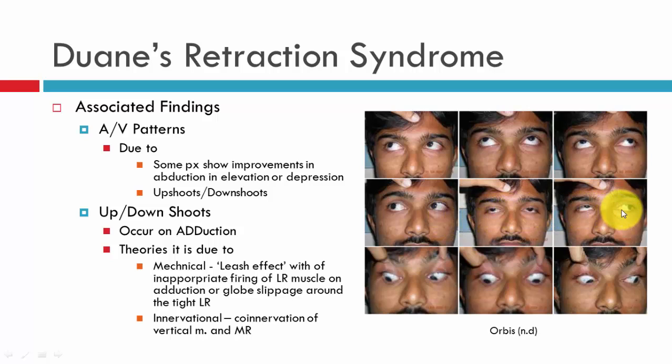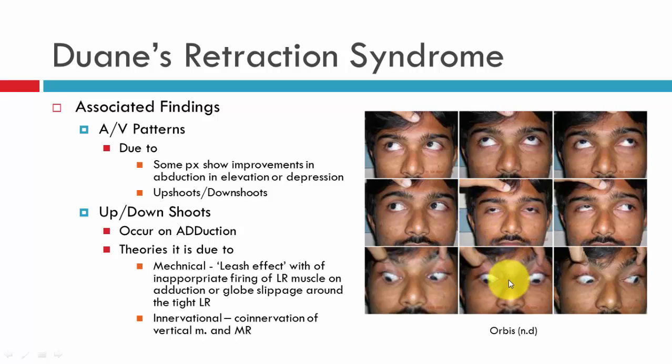When we take the patient over into left gaze, however, we can see here that there appears to be limited adduction. Abduction of the left eye seems fine, and we certainly can see an upshoot of that right eye in adduction. Let's have a look at up gaze and down gaze. If we compare up gaze now to down gaze here, we also appear to have a V pattern.